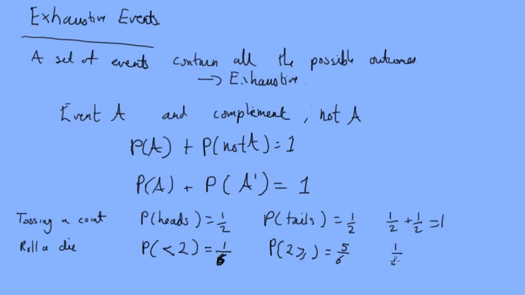So 1 over 6 plus 5 over 6 equals 1. And if you were to play a game of chess, you're either going to win or you'll lose. There's no other possibility. So the probability of winning plus the probability of not winning is going to add up to 1, and that probability will depend on other factors.